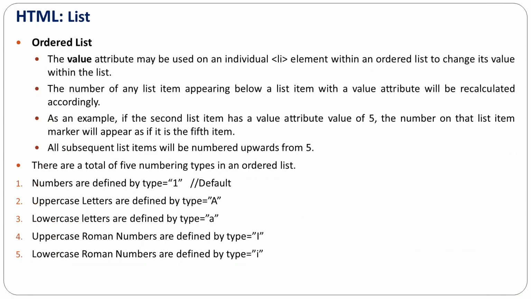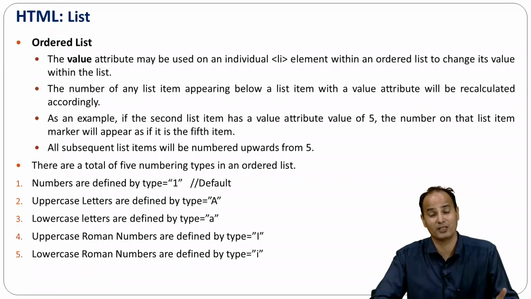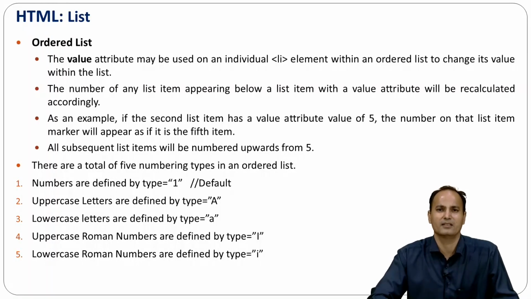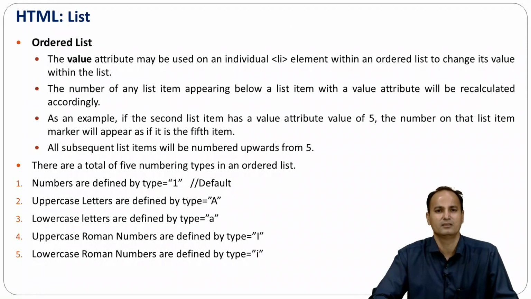Now moving next. As we already discussed, you can change the values as per requirement for the sequence of numbers in an ordered list. From capital you can provide a small a. You can also specify the starting value, the ending value in terms of the last index, and a starting value in between among the number of list items available.